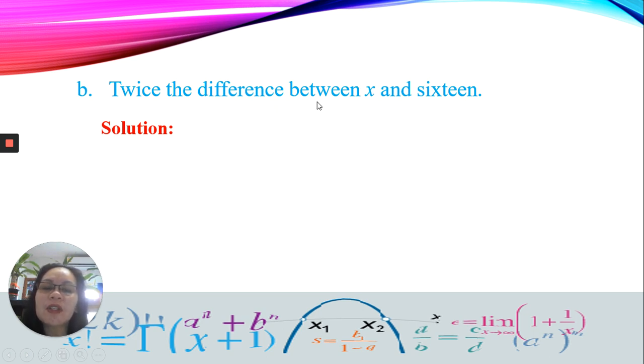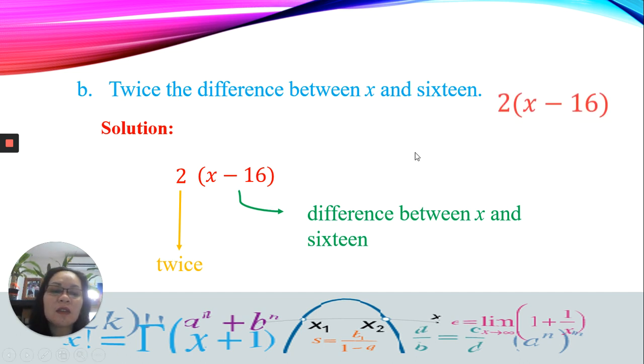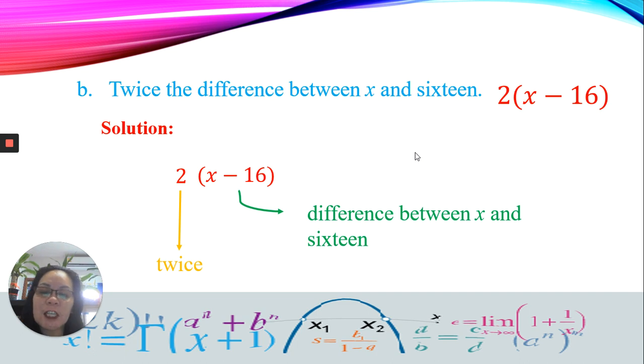So in other words, you first get the difference of x and 16 before you get twice of that. So you will have x minus 16, twice that, that is 2 times. So your algebraic expression is 2 times x minus 16.